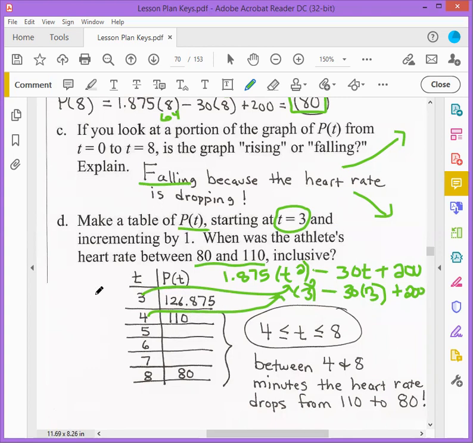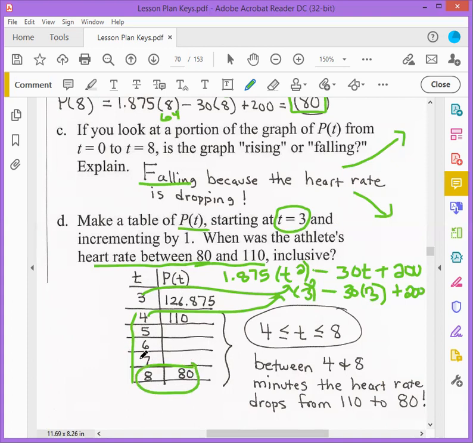The question wants to know, when will the heart rate be between 80 and 110? Once we get 110, we see that range beginning. Now we just want to find when is the heart rate at 80. And that's at time point 8.